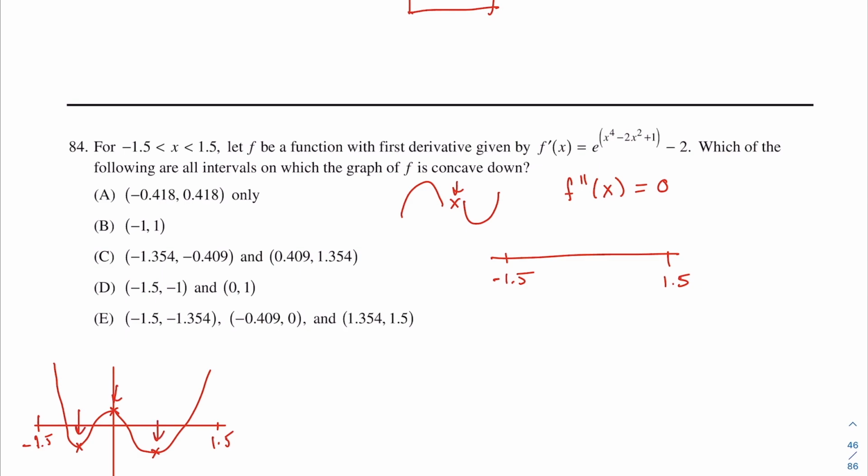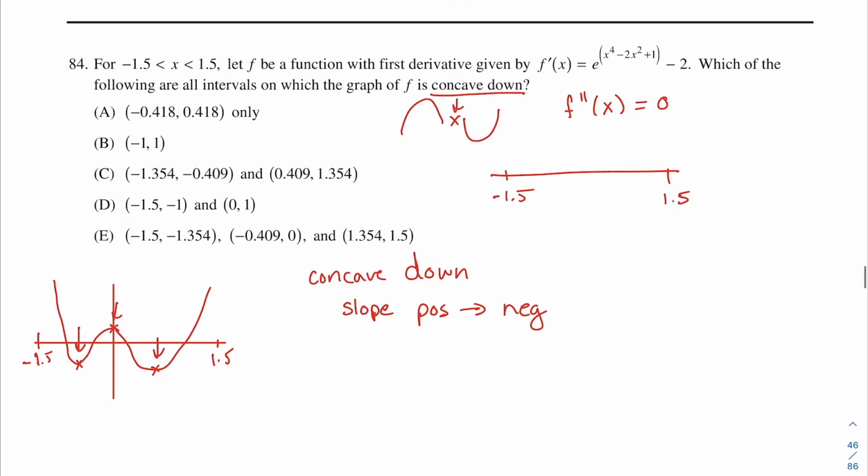So from this, now to find which points are concave down, we need to see where the slope goes. Let me write this down. Concave down occurs when the slope goes from positive to negative.